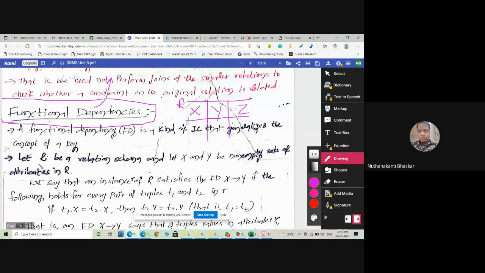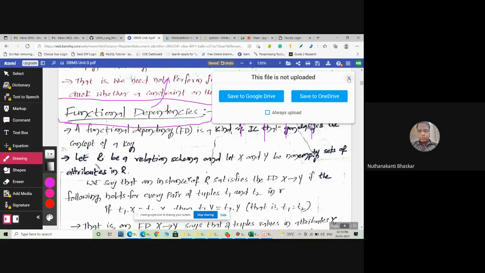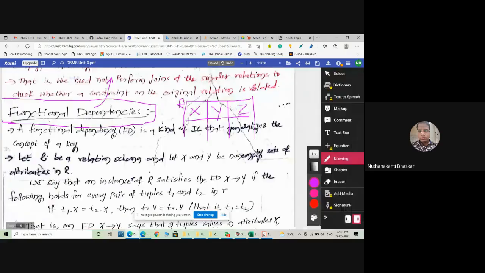Now, Y and Z depend on X. Dependency means that if you know the value of X, then based on that value the Y, Z values are determined. That is what we discussed in the last class. Yes or no?